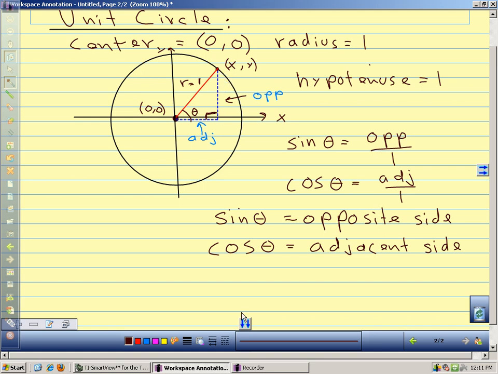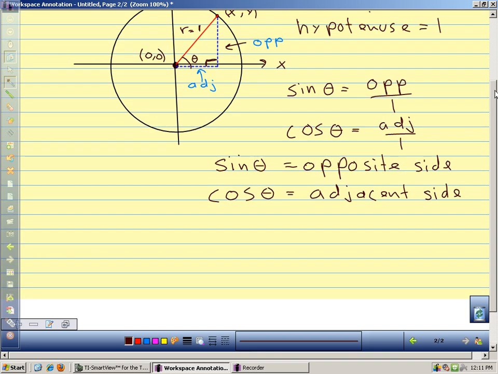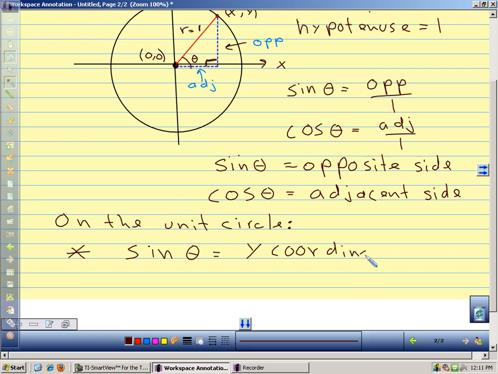So on the unit circle, the reason that we use the unit circle, and this is one of our big ideas from this chapter, is that the sine of theta equals the y-coordinate and the cosine of theta equals the x-coordinate.